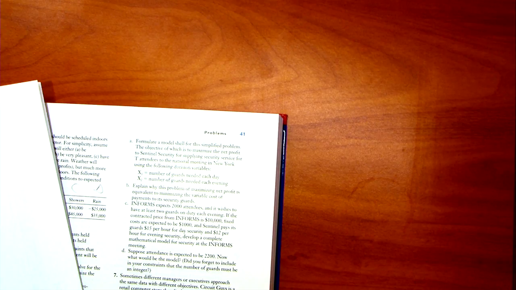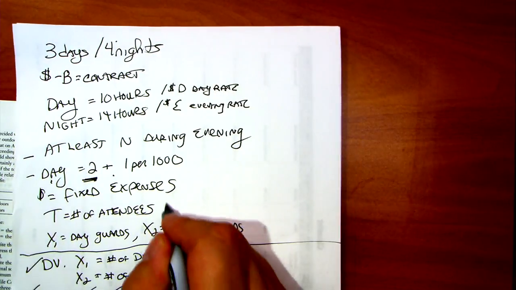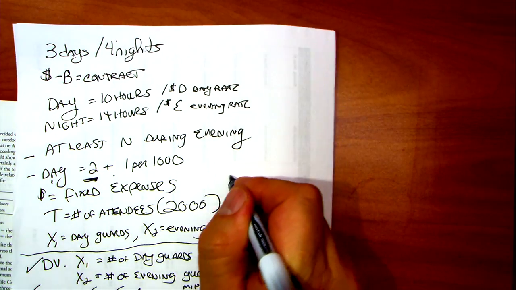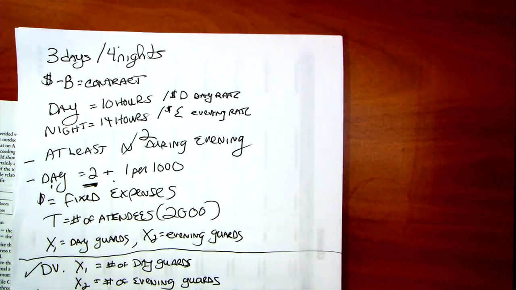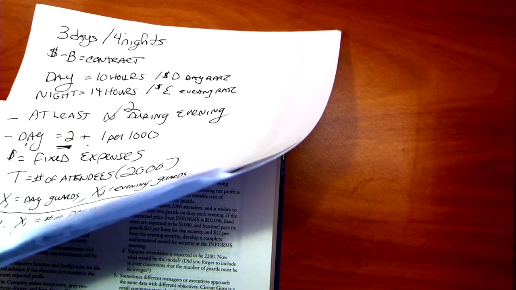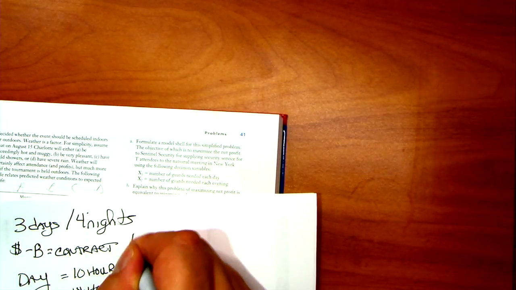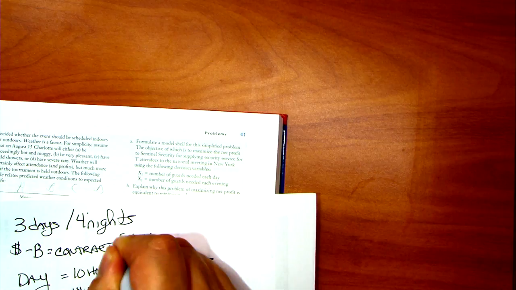Let's look at number C. Informs expects 2,000 attendees, and it wishes to have at least 2 guards on duty each evening. So it's starting to write in these variables. They're going to have 2,000 attendees, so T is 2,000. It wants N, it wants 2 guards, so this is becoming a 2. It says the contracted price is 10,000, so this is 10K.